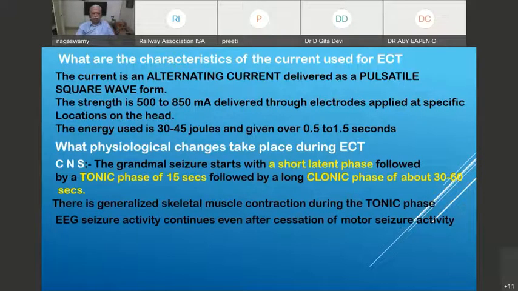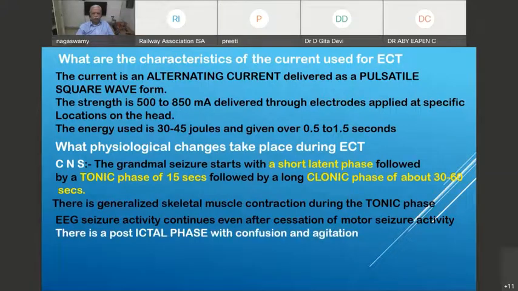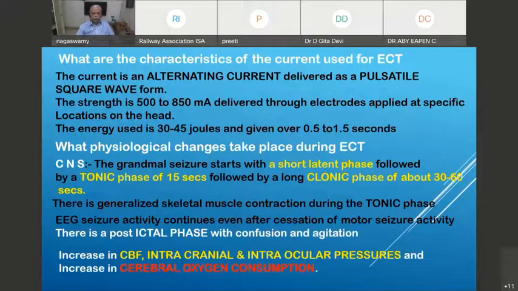EEG seizure activity continues even after cessation of motor seizure activity, and there is a post-ictal phase with confusion and agitation. Cerebral blood flow, intracranial and intraocular pressures increase. So for anybody with raised intracranial pressure or glaucoma, it is a contraindication.